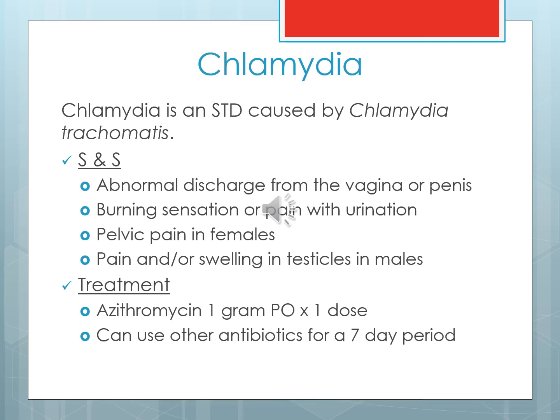This STD is very easy to treat. The main treatment is an antibiotic called azithromycin, 1 gram by mouth times 1 dose. And then you must abstain from sexual intercourse for at least 7 days. For people who are allergic to this type of antibiotic, there are a few other antibiotics that can be used. However, they must be taken multiple times a day for a 7-day period.